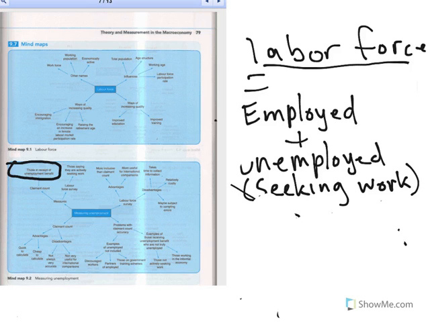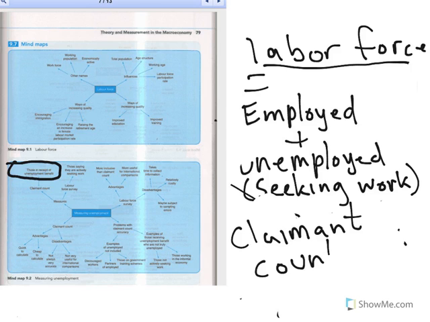Focus on the claimant count. Basically, we just count the number of people who are receiving unemployment benefits, this one's receiving unemployment benefits, this one, this one, then that one, and so on.